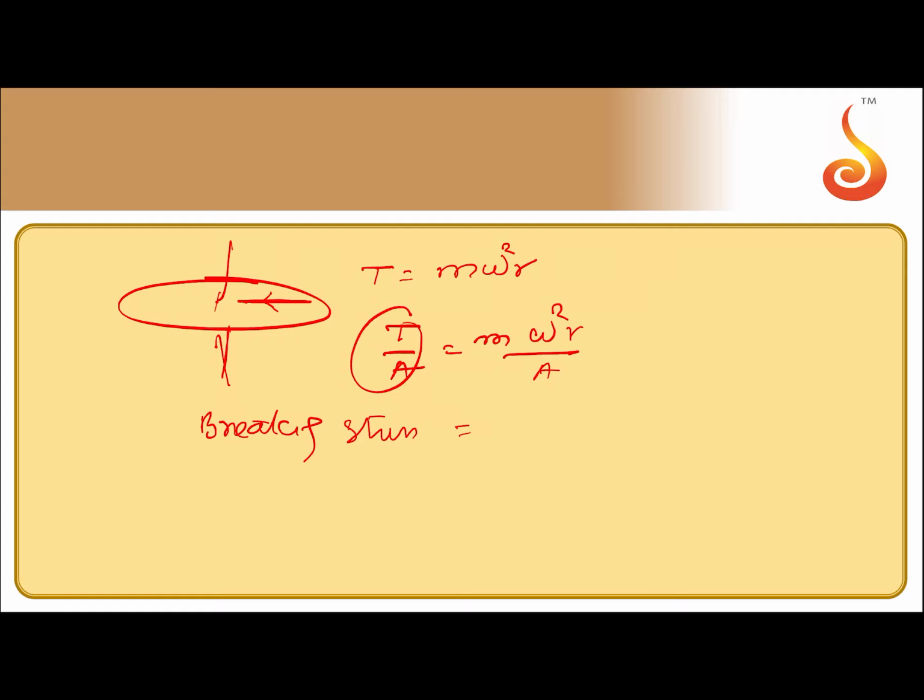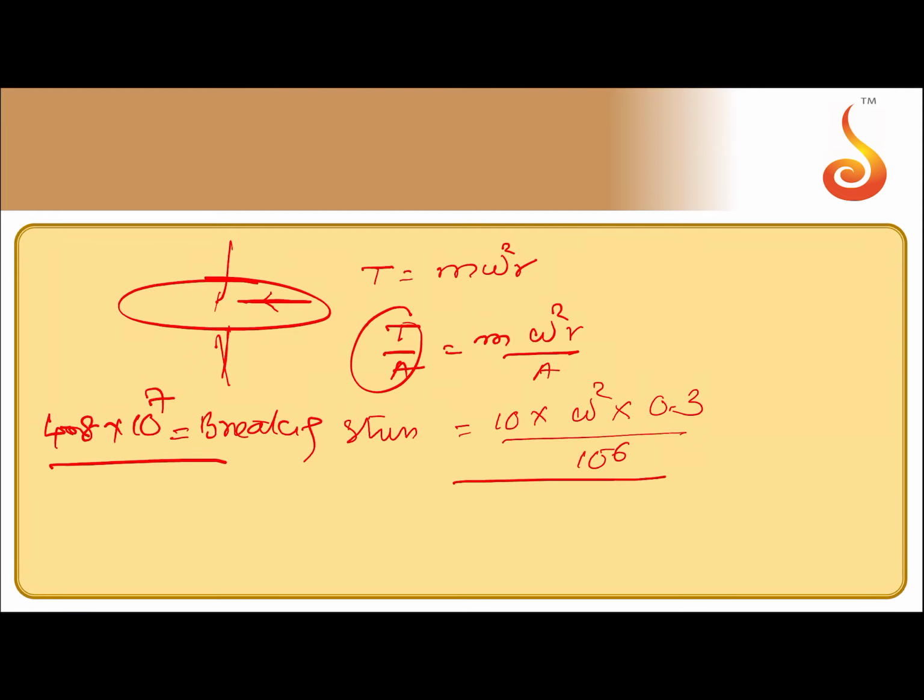So I write it as m, 10 kg, omega square, which we have to find out, into r. What is the value of r? It is 0.3 meter divided by A, that is 10 to the power of minus 6. And this breaking strength is equal to, according to the problem, 4.8 into 10 to the power of 7.